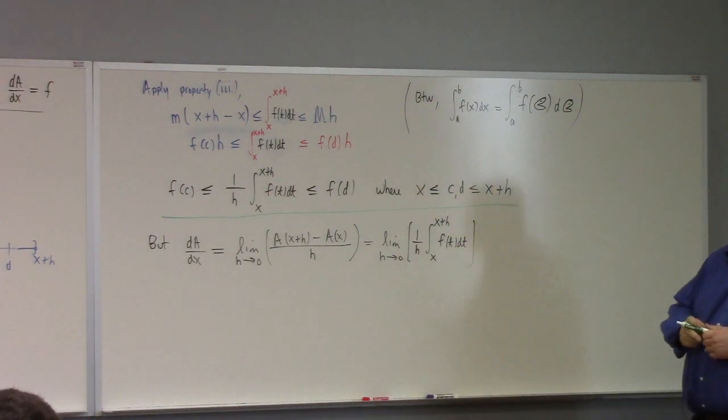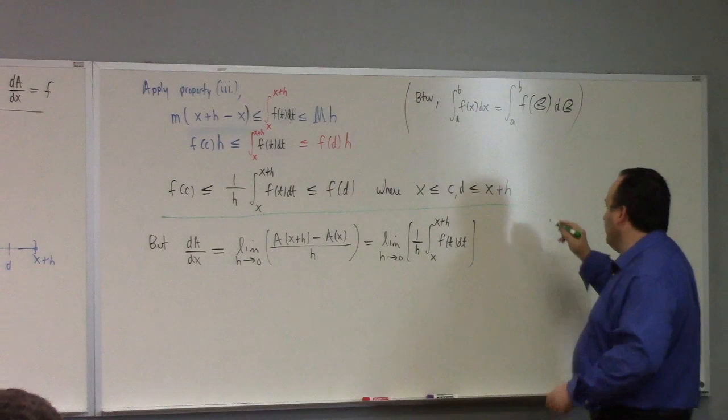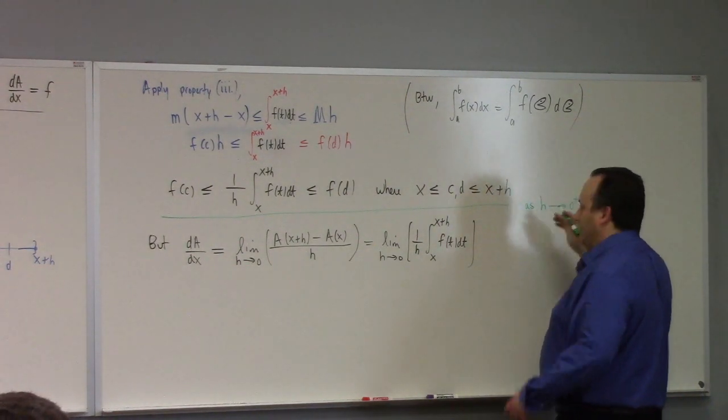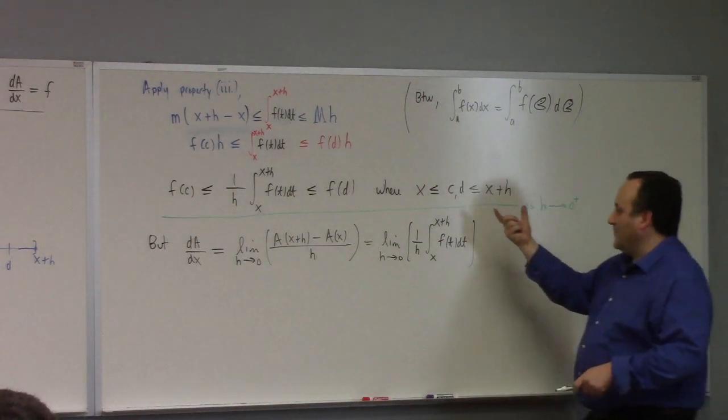What happens as h goes to 0 and the interval shrinks? Both c and d go to x, right? They have to be there. So h is 0.